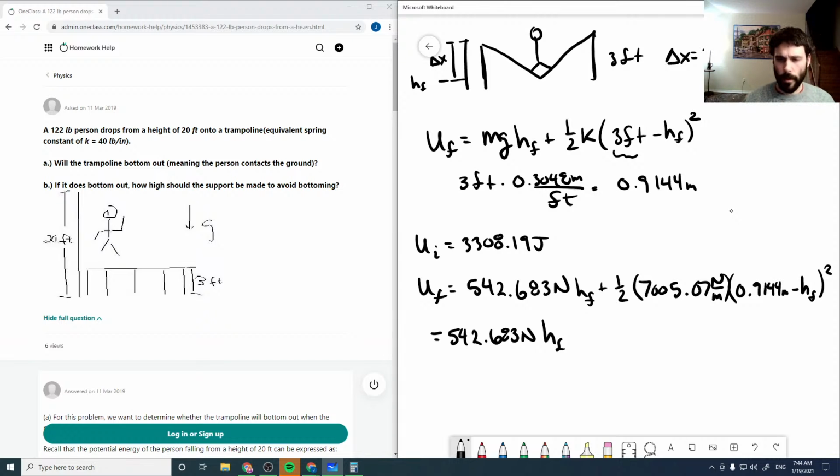So we're going to have to square that. So this is 3502.535 newtons per meter.